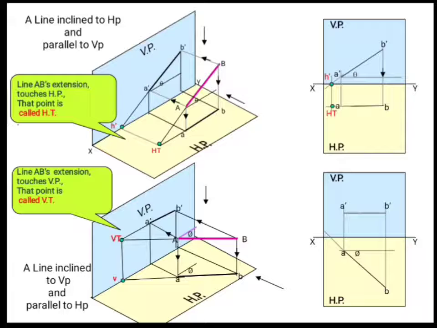In this case, we can extend plan AB to intersect with the XY line, and we will get the point V on XY line, and now we can draw the vertical projector through V and extend A dash B dash to get the point VT like this.